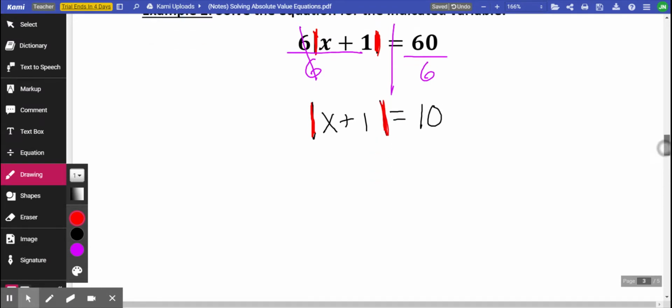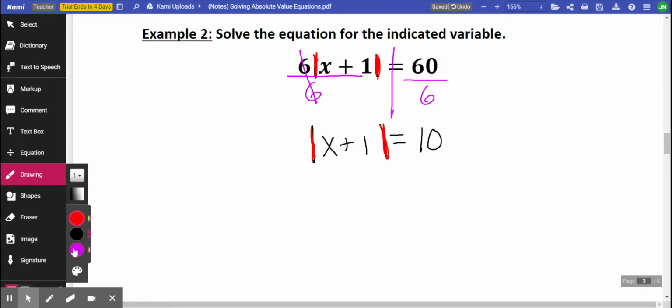Step 2 says, figure out if this equation is actually valid, meaning, can it be solved? Can we take the absolute value of something and get a positive number? The answer is yes. So we can actually keep going. This is actually valid. We could actually solve this. So all we need to do now is split it up into 2 separate equations. One of them will be the positive version. The other one will be the negative version.